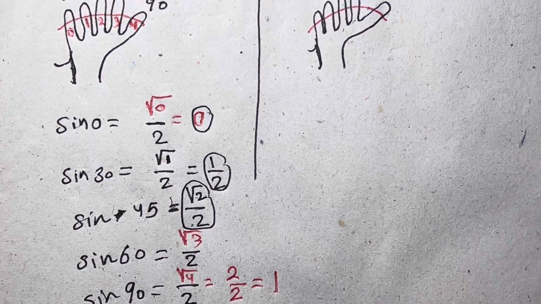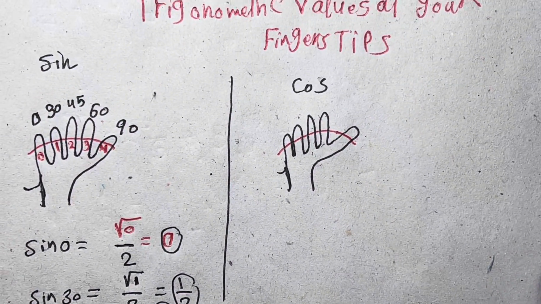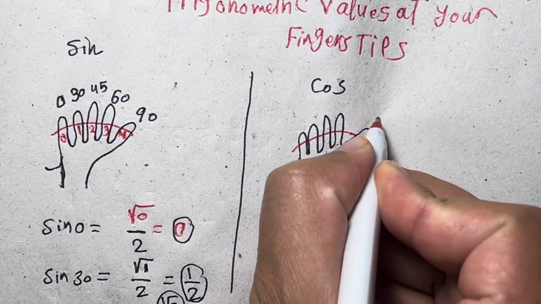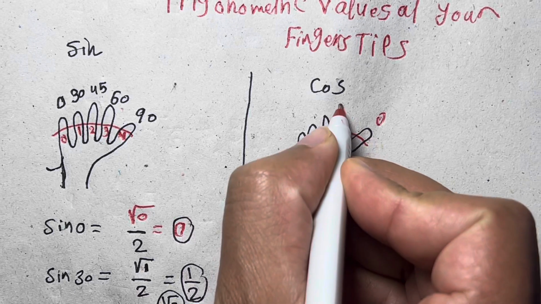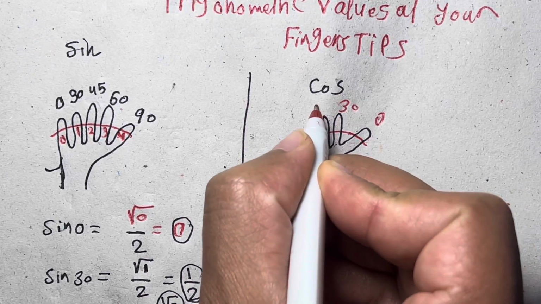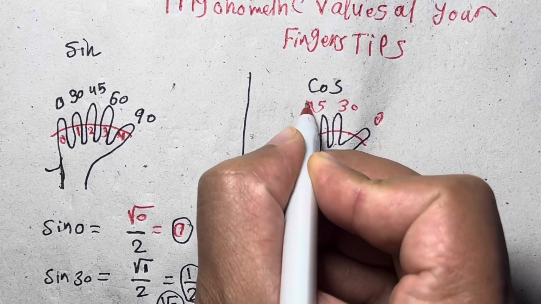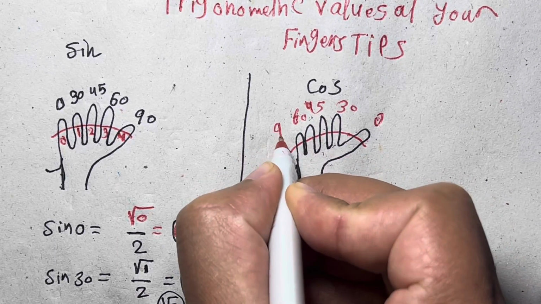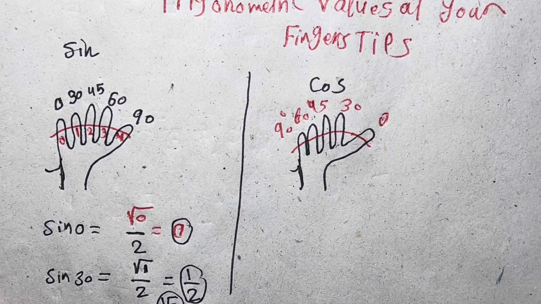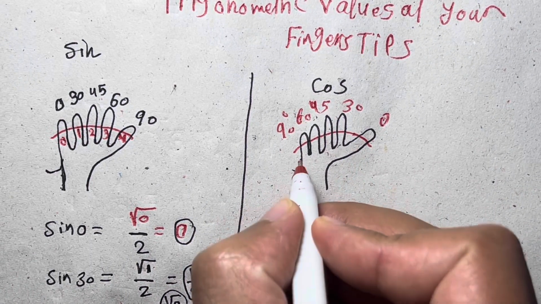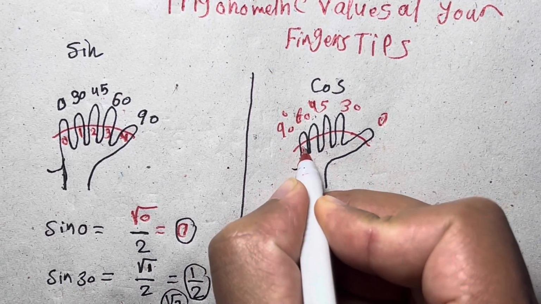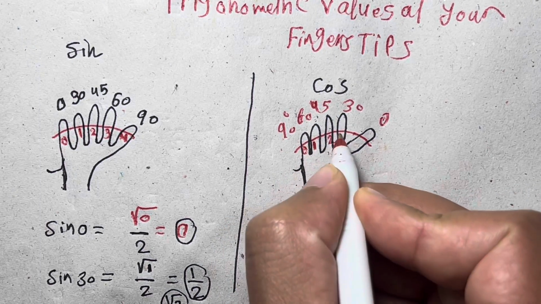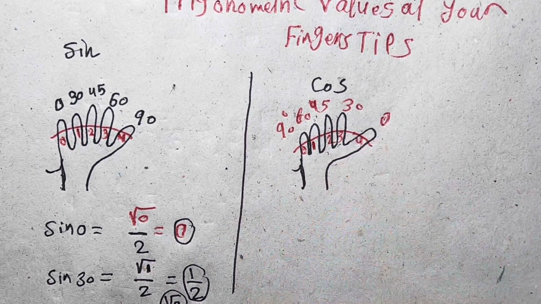Let's go to the cosine. It's the same, but it will be the opposite. Here we start with 0, 30, 45, 60, and 90 degrees, and the counting 0, 1, 2, 3, 4.